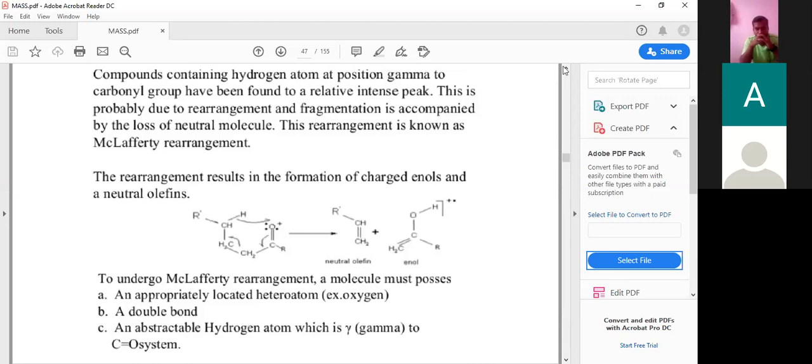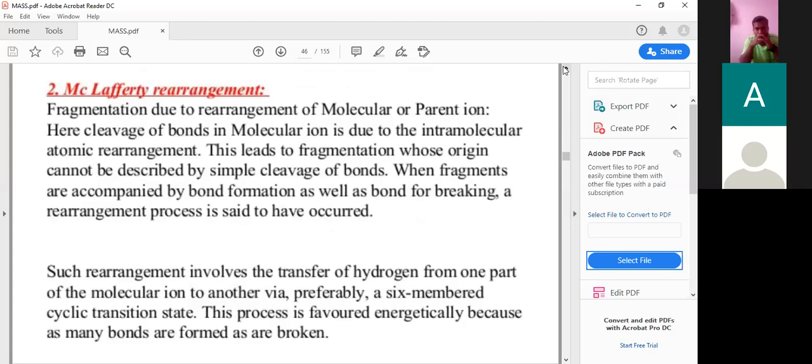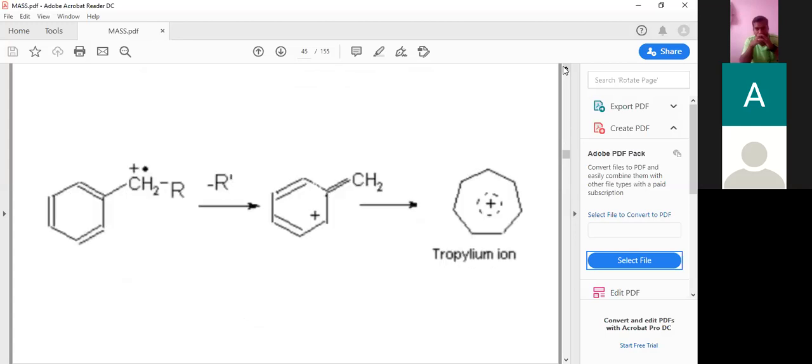Scrambling is an internal rearrangement. You can see here, a 6-membered ring. This scrambling example I have given is especially for an aromatic compound, benzene, where the side chain is an alkyl side chain. The fragmentation takes place at the beta carbon atom, and then you have the benzylic cation.